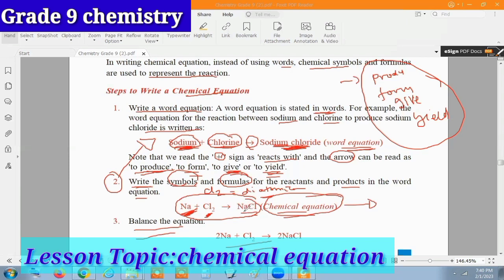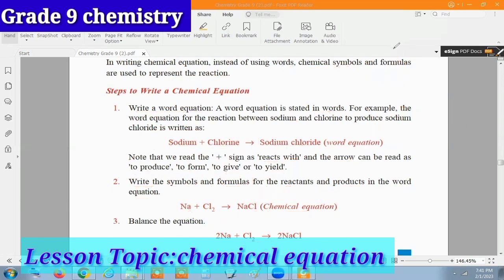During balancing a given chemical equation we can use only coefficients. Now we will see the details of balancing chemical equations later in this lesson. For now, the last step is to balance this chemical equation.